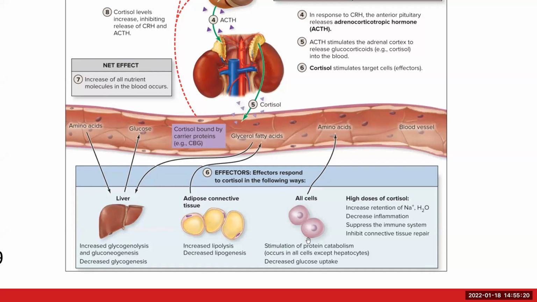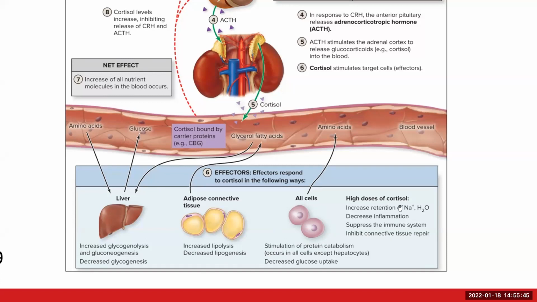And through all the cells, we're going to increase our protein catabolism. Protein catabolism is the breaking down of proteins into their building blocks, amino acids, because we can use those amino acids to build other things.